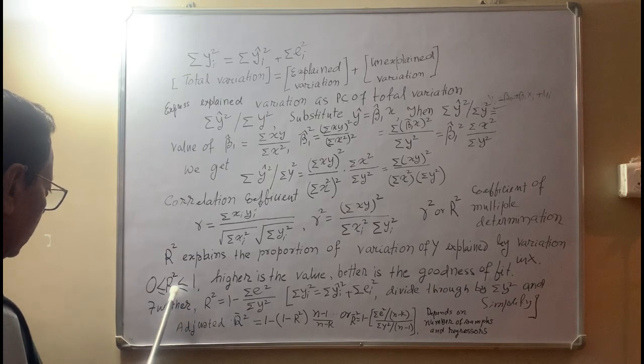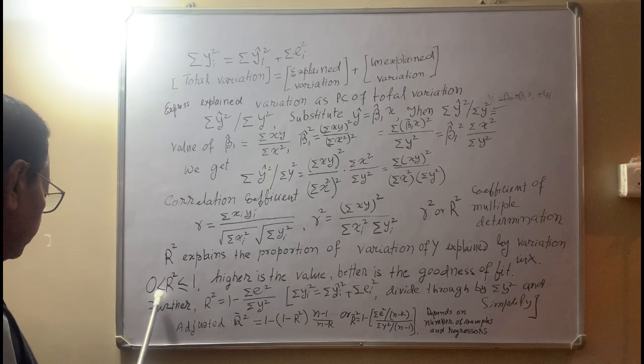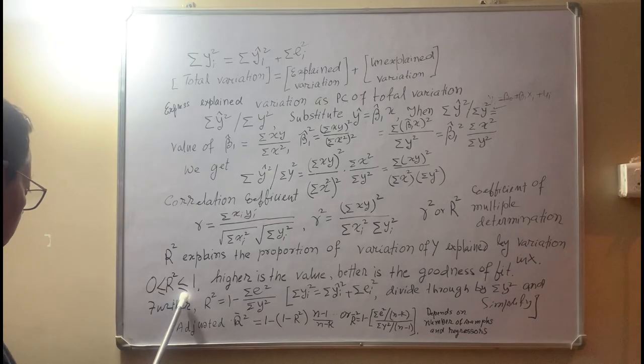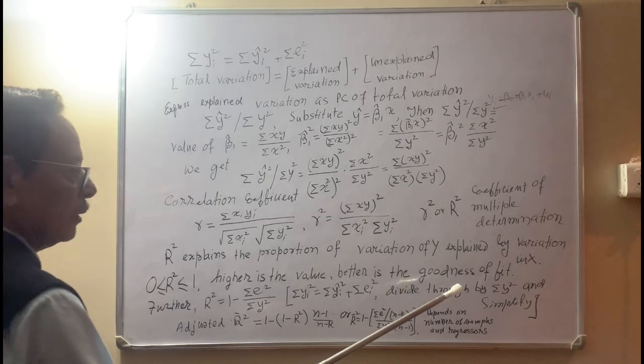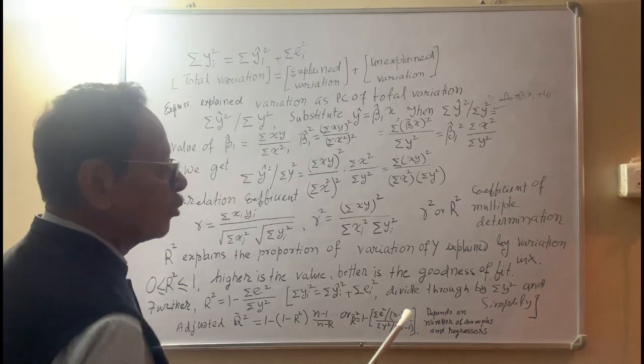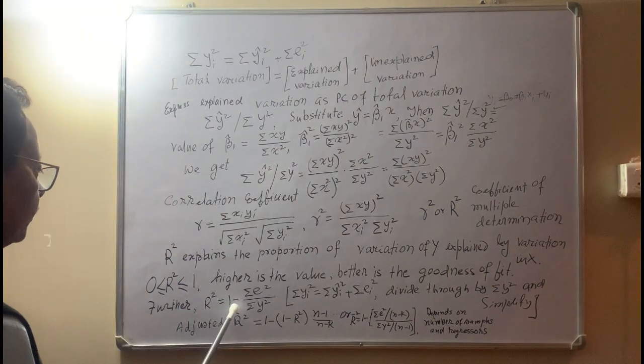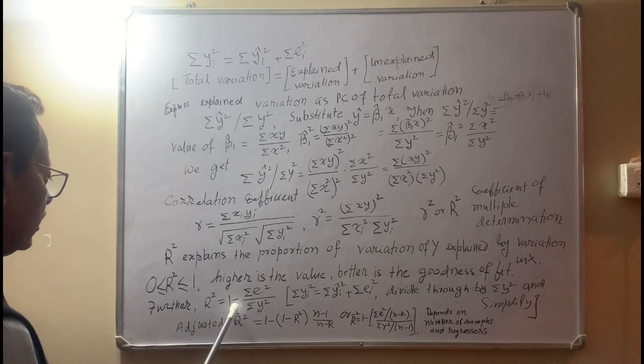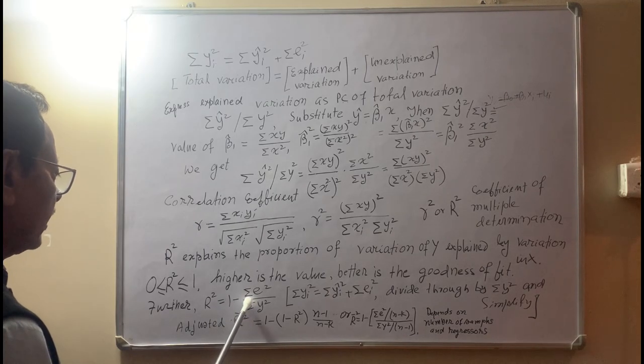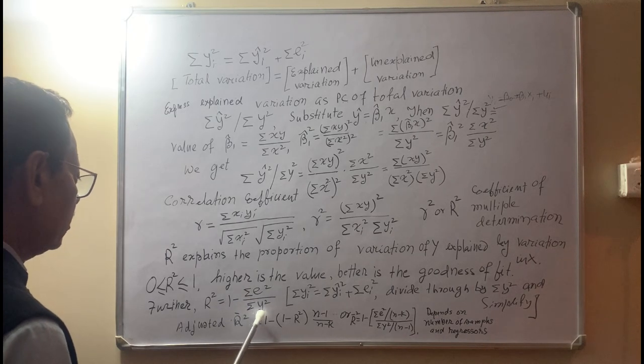If the value is very low, then the line is not well fitted. So further, R square is equal to 1 minus summation ei square by summation y square.